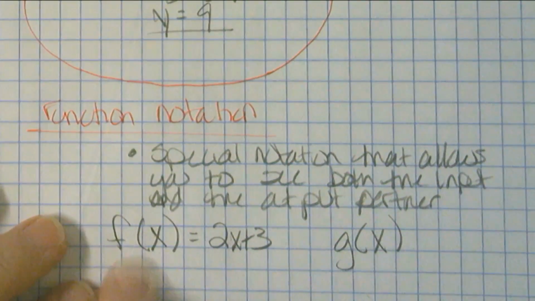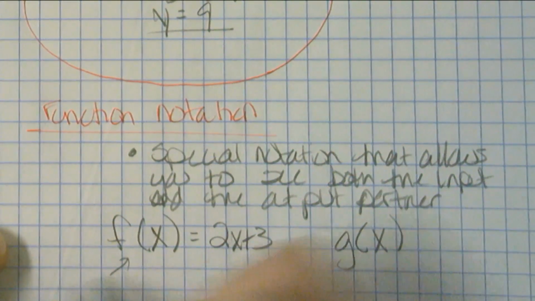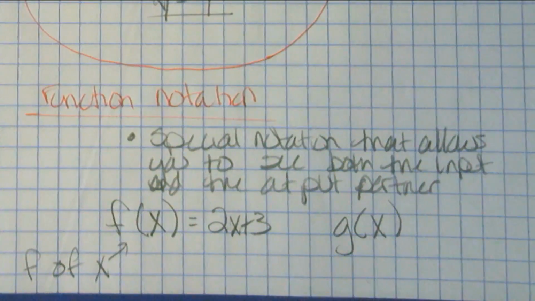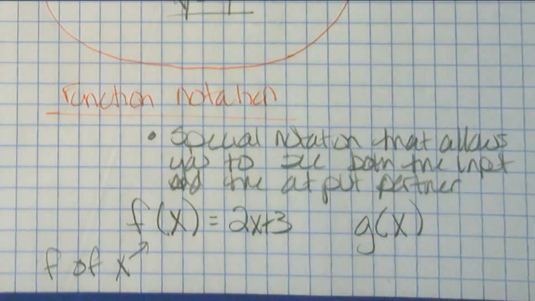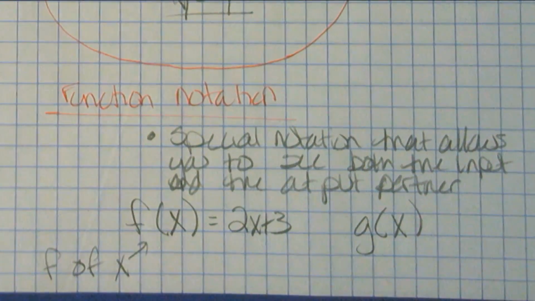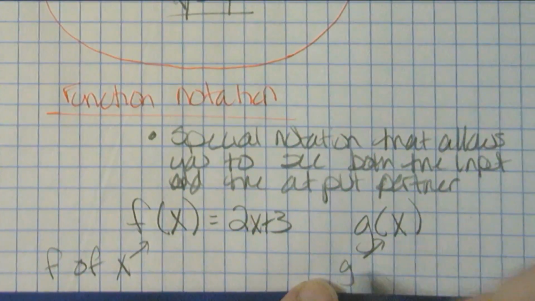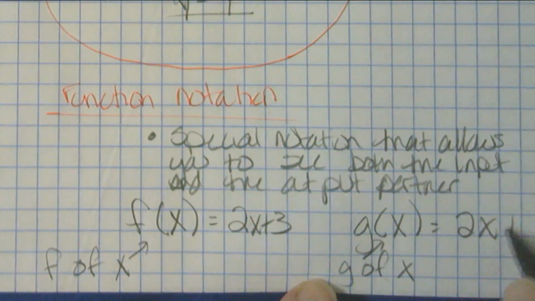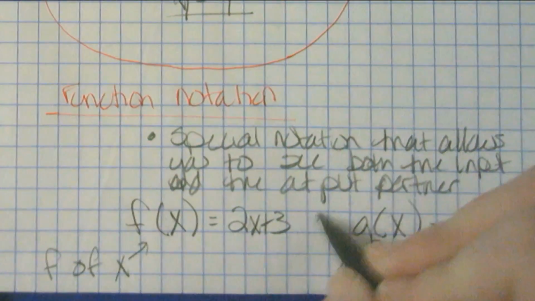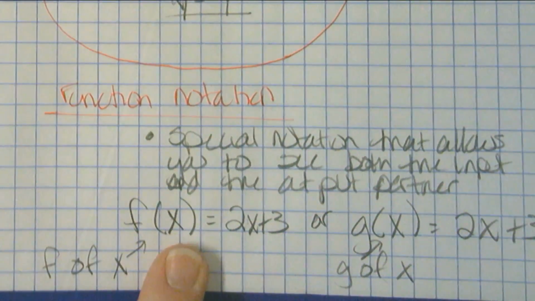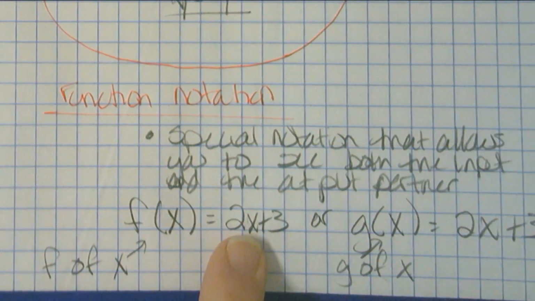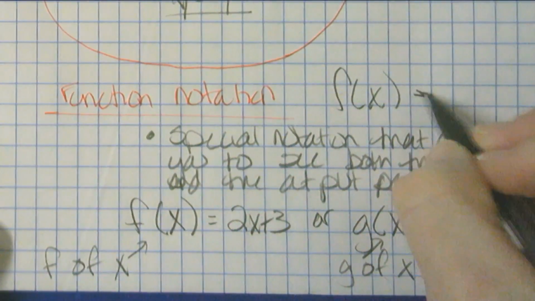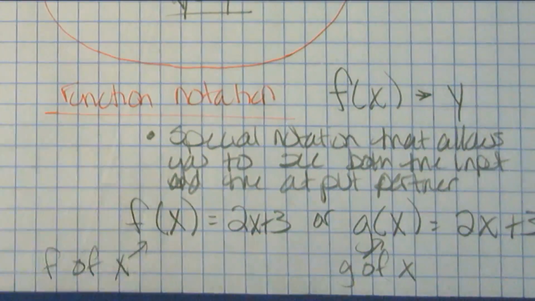So this right here says f of x. The function with x in it, f of x. This one here says g of x. And it just takes the place of the y. So instead of saying y equals, we're saying f of x equals. So when we have something like f of x, this is just the same thing as y. It takes the place of the y.